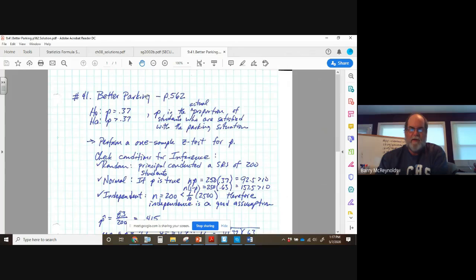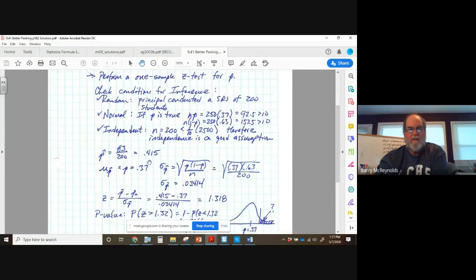Okay, so the first part of doing any sort of significance testing is to state your null and alternate hypothesis, define what your population parameter is. And then the second part is to check the conditions of inference, which are always the same. Did it come from random data? Is the distribution normally shaped?